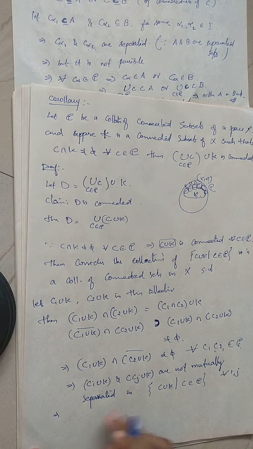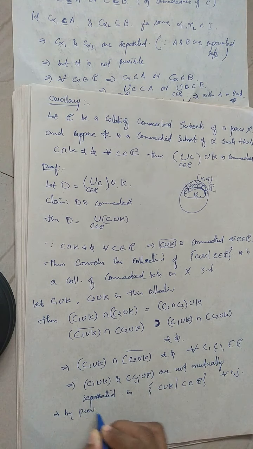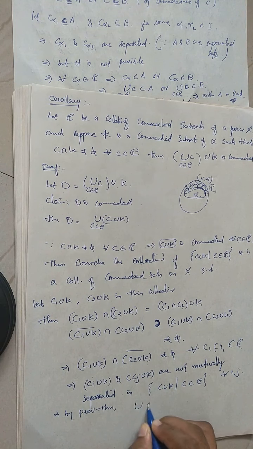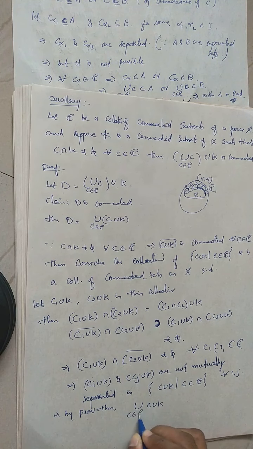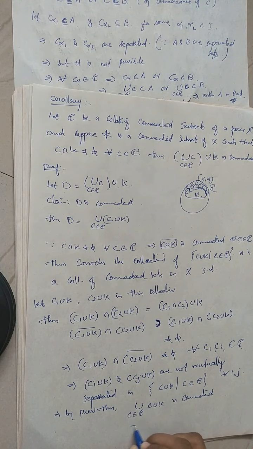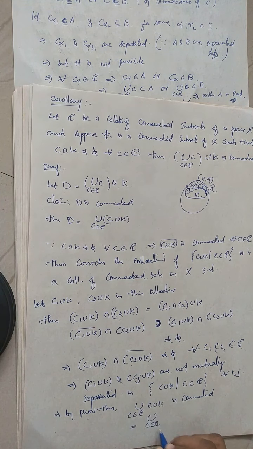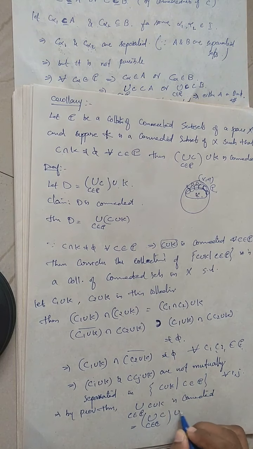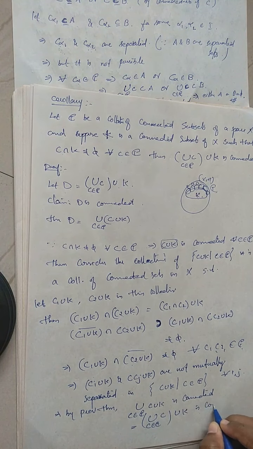Therefore, by that theorem, their union will be connected. So by the previous theorem, the union of C union K, C varying over 𝒞, is connected. And this is nothing but union of C in 𝒞, C union K, which is D.